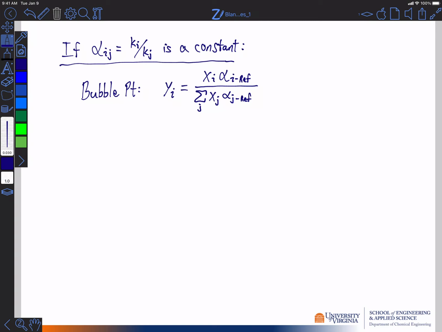But in this case, then we could go through and do our bubble point calculation for any number of components in the system under the condition that alpha ij is actually a constant value. And likewise, we could go through and think about what a dew point calculation would look like here. And of course, that's going to be somewhat similar in terms of the structure of the examples that we're going to talk about.